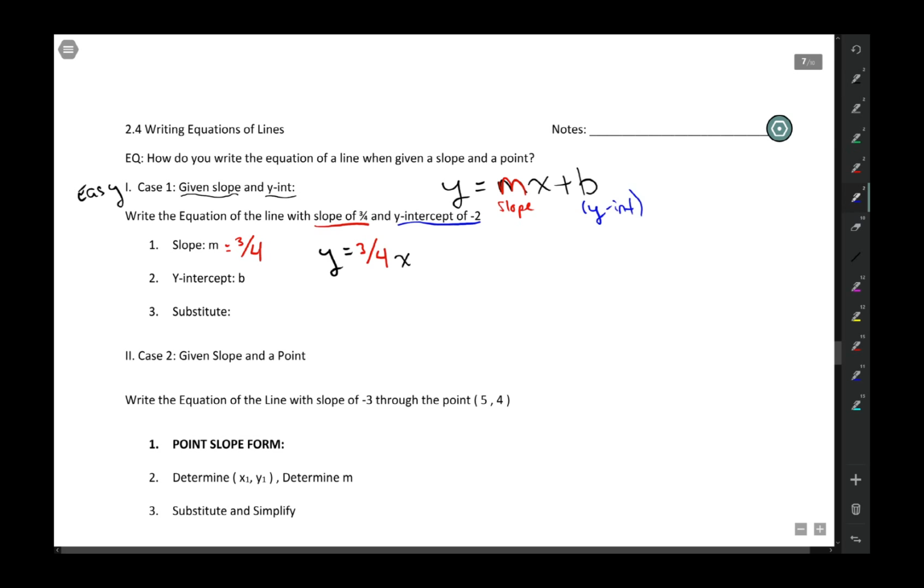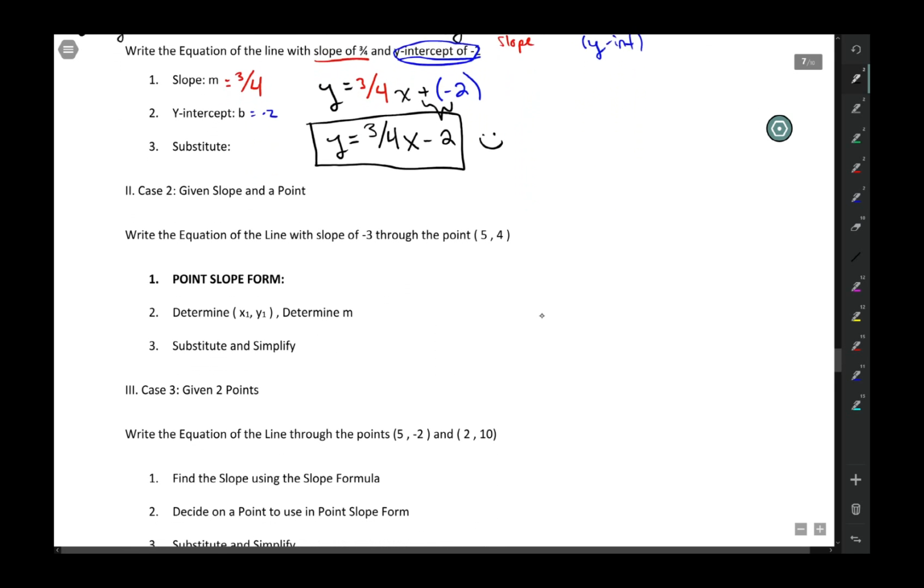And plus, we always have plus b, or the y-intercept, which equals -2. And if you simplify, you simply have y is equal to 3/4 x, and this here just becomes -2. Easy peasy, level 1. y equals 3/4 x minus 2.